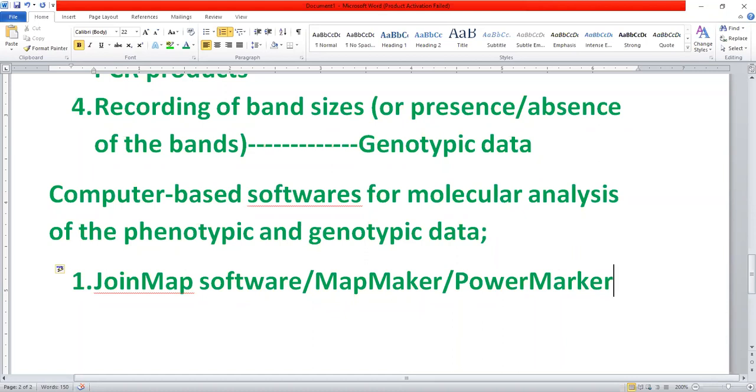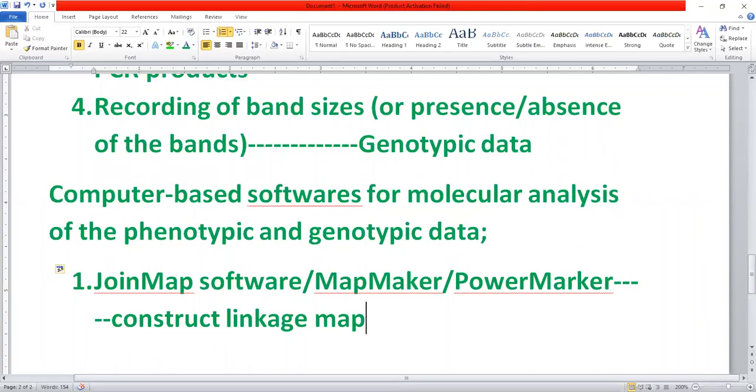These softwares can be used to construct a linkage map with the help of the genotype data. So we have used 250 SSR markers with the help of JoinMap or MapMaker or PowerMarker.